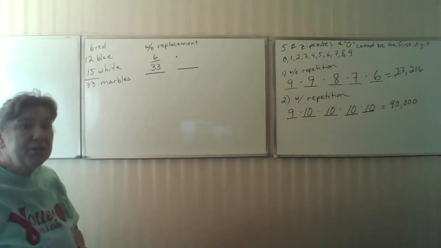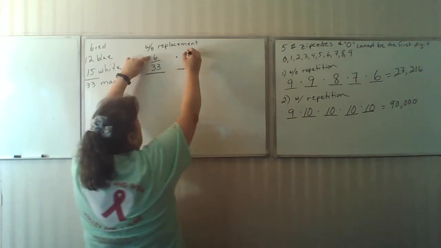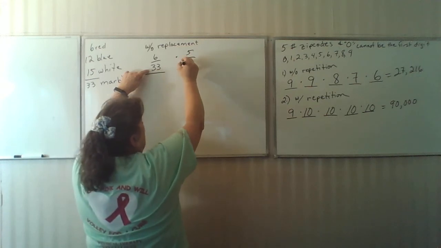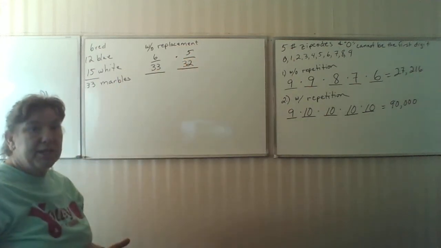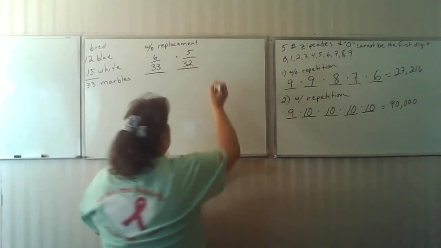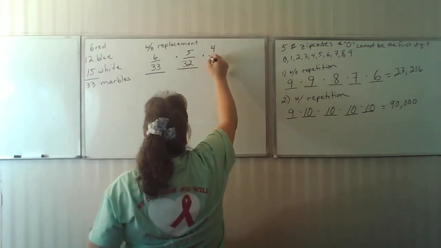Now my second draw is going to have 1 less red, so that leaves me 5 red, and 1 less marble in the bag, so that's 32 marbles. So my second draw has a chance of 5 out of 32. My third draw has a chance of 4 out of 31.